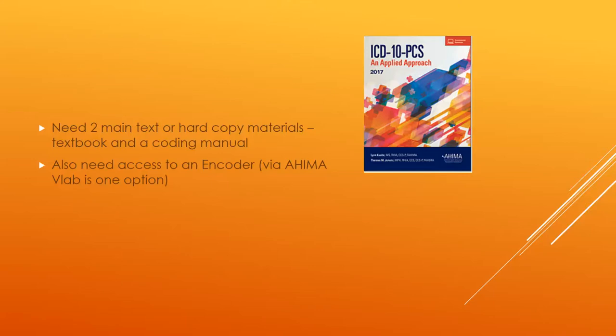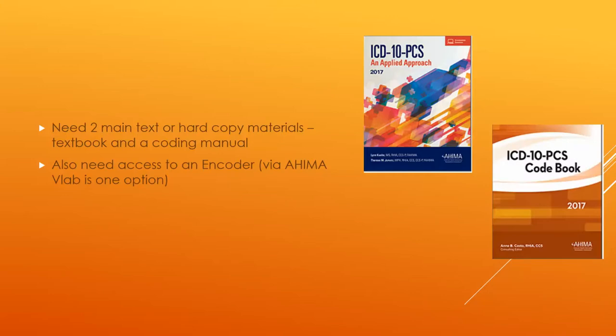In order for you to code and be able to answer the exercises at the end of the chapters in the textbook, you will need a coding manual. This is a cover of the AHIMA version of the ICD-10 PCS coding manual, and they call it a code book. There are many different vendors.